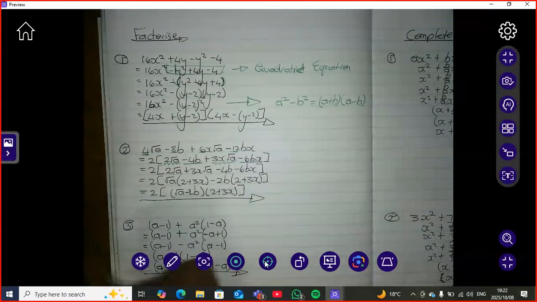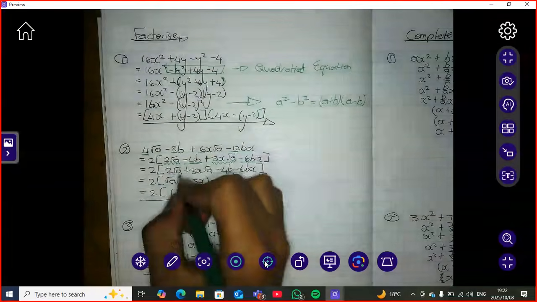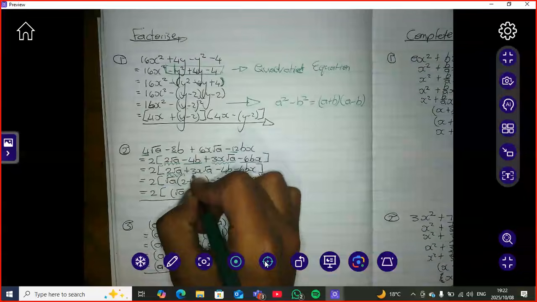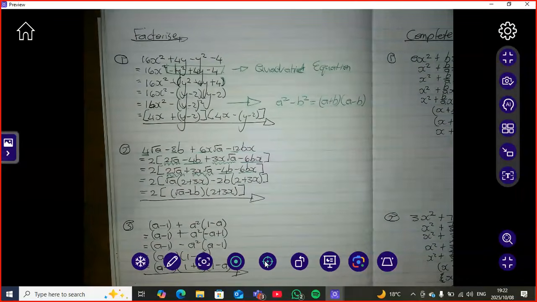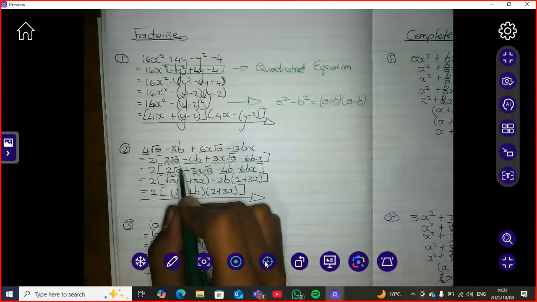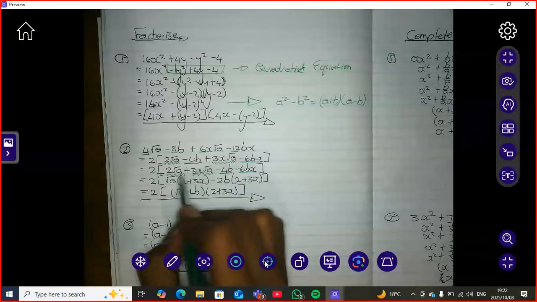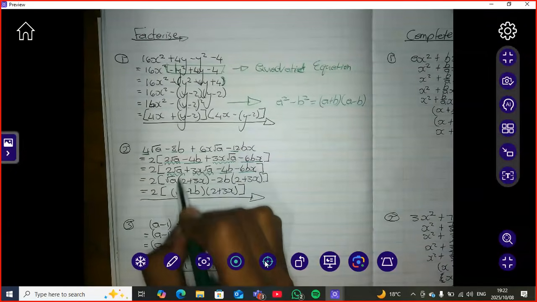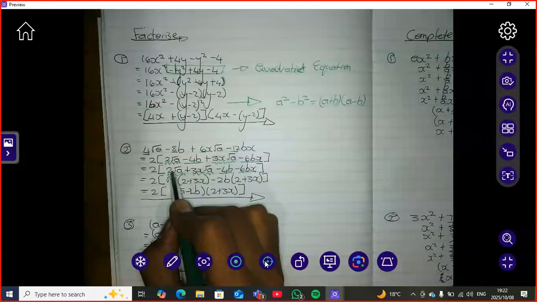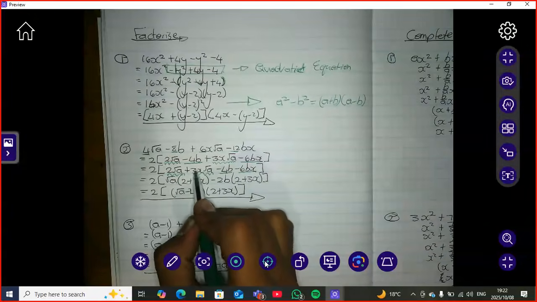So what I did was I sorted them out, I grouped them. There you can see I have my like terms together, and my like terms together there. So I take out the common factor between my two like terms, which is my square root a, and I write what's left over: a 2 and a positive 3x.